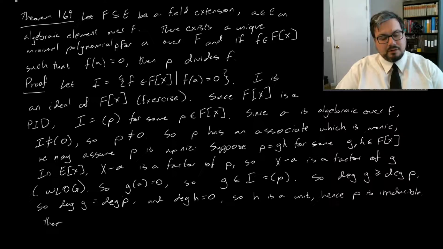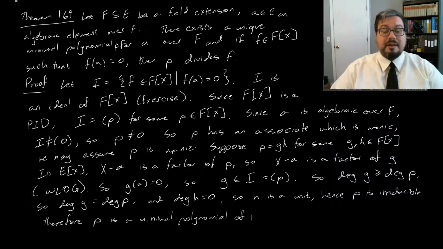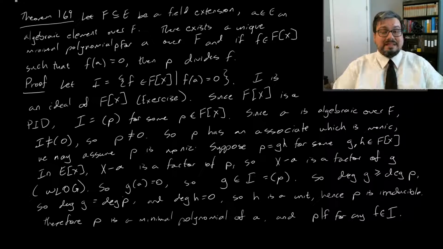Therefore, P is a minimal polynomial of A, and we have that P divides F for any F in I, because P is the generator of the ideal I. So we've proven almost everything that we need to in this theorem.